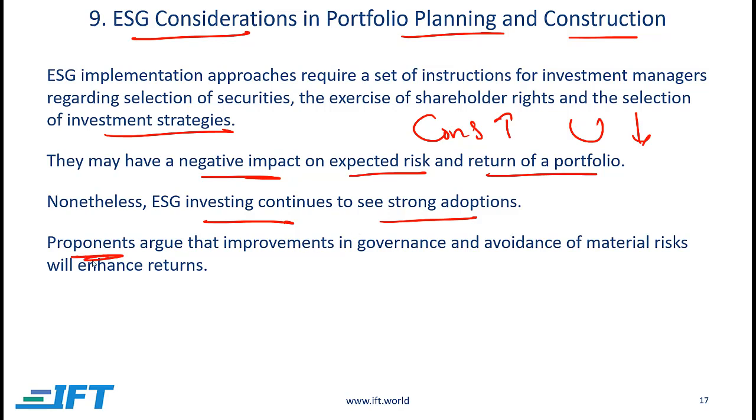But the proponents of responsible investing argue that improvements in governance and avoidance of material risks associated with environmental concerns and social issues will actually enhance returns in the long run.